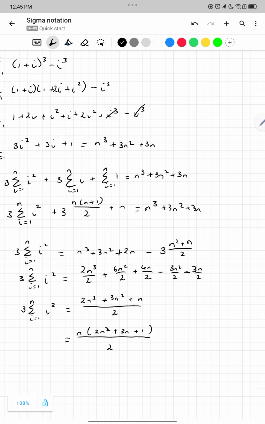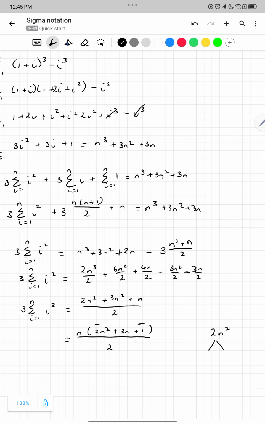Right? So if I multiply the first term and the last term of this expression, I get 2n squared. So which factors do I need to get 3n?